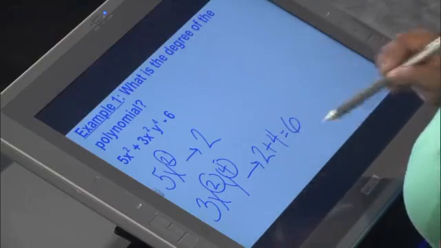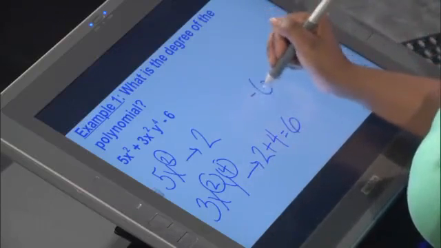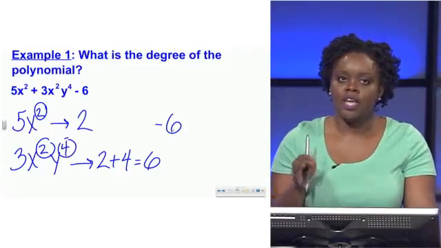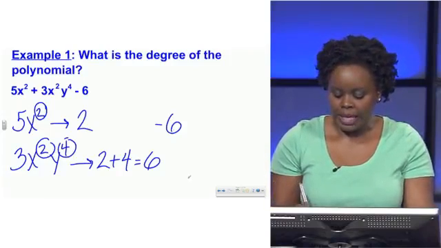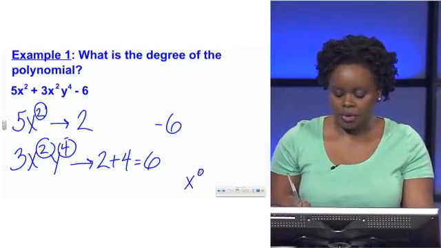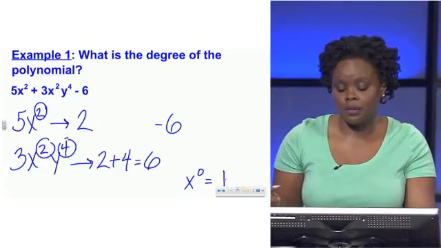Now look at that -6, that constant term. All right, now we've got to throw back to your knowledge of exponents for a bit. You remember that when you're dealing with exponents, for example, I can raise anything to the 0 power and it'll equal 1, right?